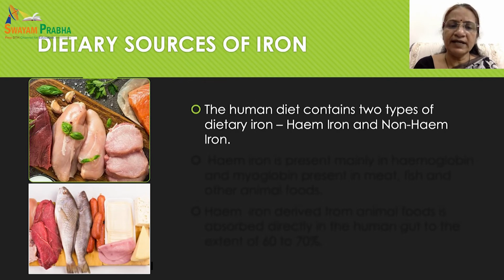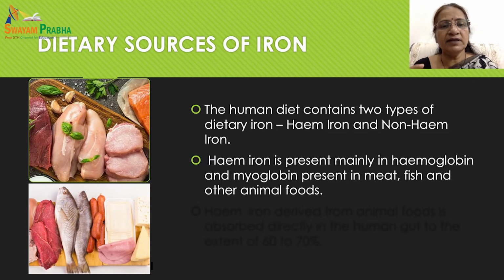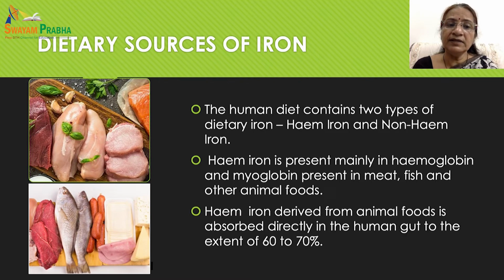Now let us study the dietary sources of iron. The human diet contains two types of dietary iron, heme iron and non-heme iron. Heme iron is present mainly in hemoglobin and myoglobin present in meat, fish and other animal foods. Heme iron derived from animal food is absorbed directly in the human gut to the extent of 60 to 70%.